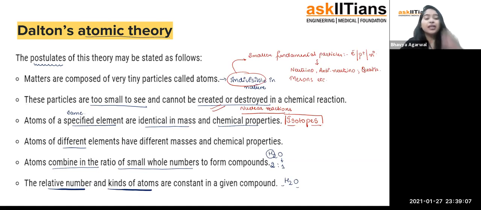It means that if I talk about hydrogen, so we have the same variant of hydrogen, which is known as deuterium, okay? But in this deuterium, the mass is double that of hydrogen atom. So the mass of hydrogen is 1 and the mass of deuterium is 2. And there is another isotope of hydrogen.